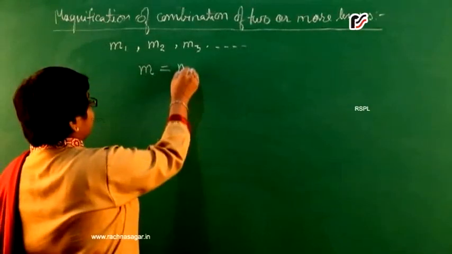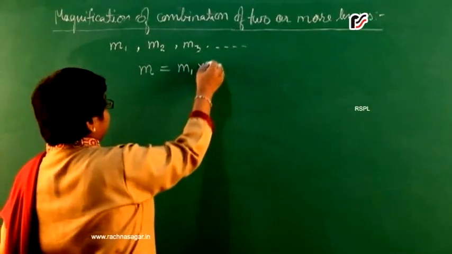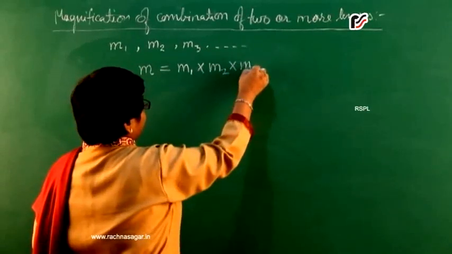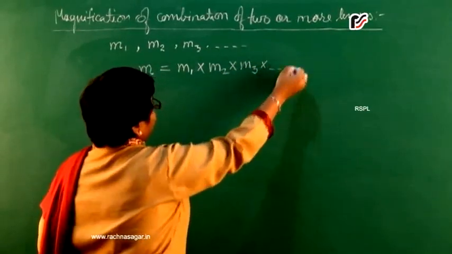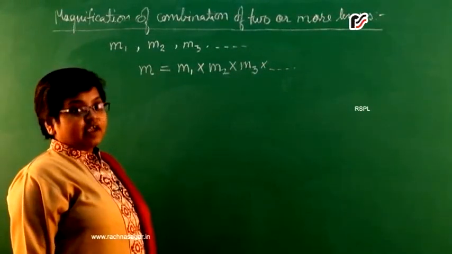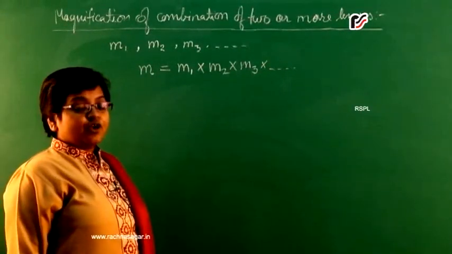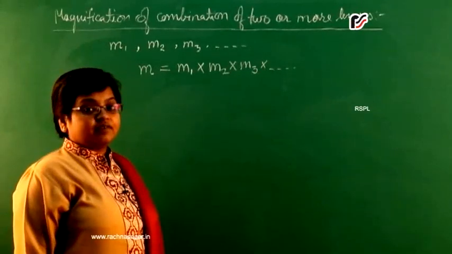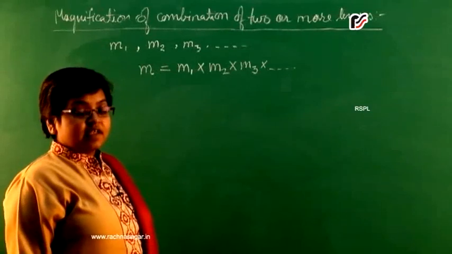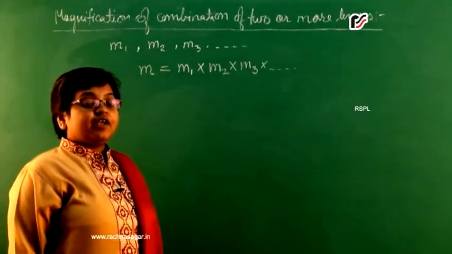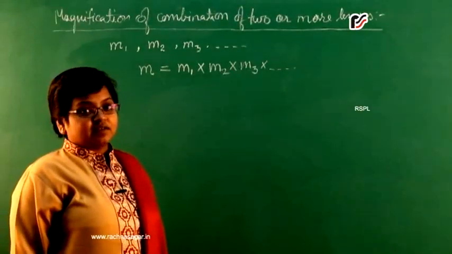That is, M equals M1 times M2 times M3 and so on. That is, if there are a number of lenses and we have to find the magnification of this combination, it equals the product of all the magnifications of the individual lenses. This fact of the magnification produced by the combination is used in different cameras.